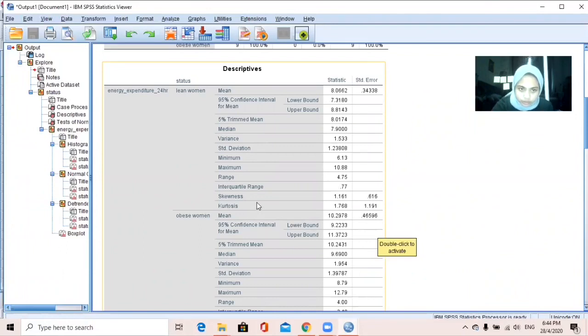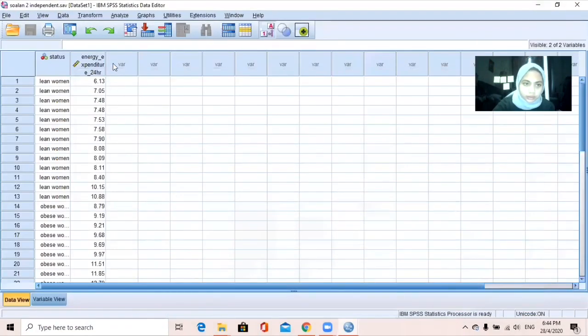The skewness for lean women is 1.161, which is not normal because it is more than 0. So next we need to proceed to the non-parametric test because the data is not normal.